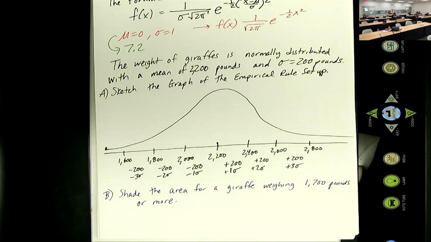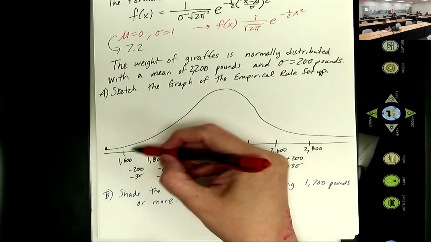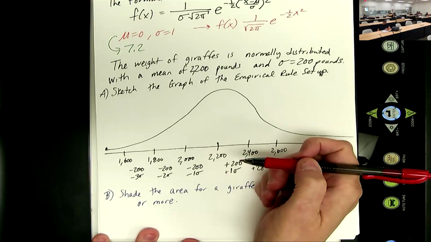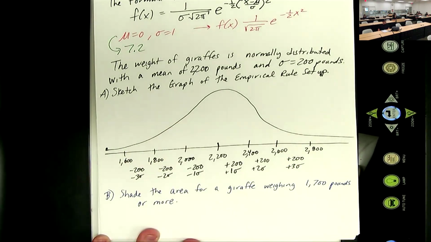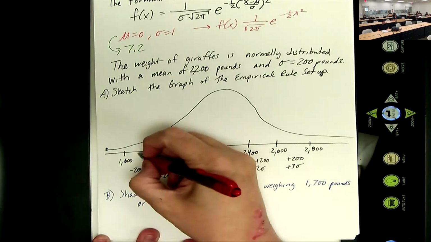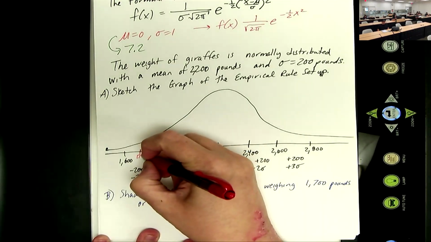So what should I do now? Shade the area between 1,600 and 1,800. Just the whole area, 1,600 to 1,800? Oh, there you go, because you have to shade that is 1,700. So where's 1,700? In between, about halfway, right?